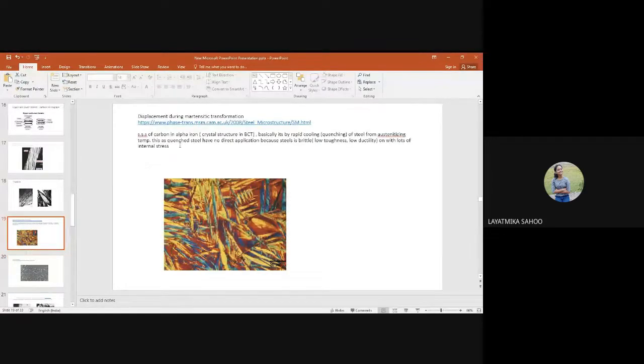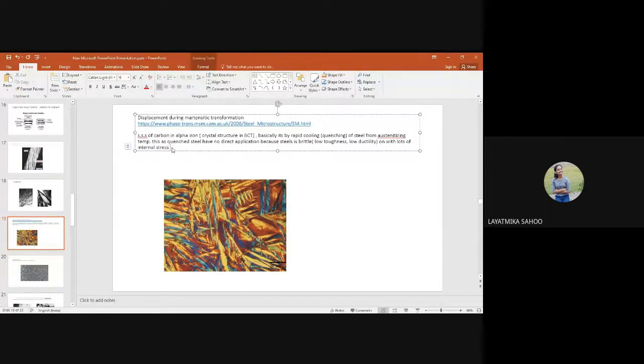Okay, what is the composition of martensite? Anybody remember? 0.76% carbon?